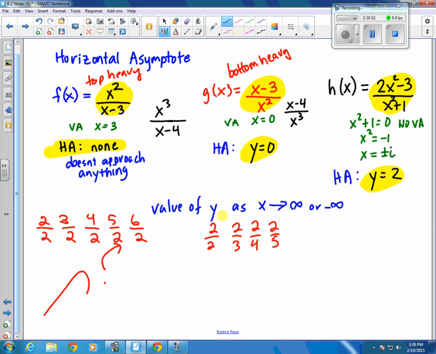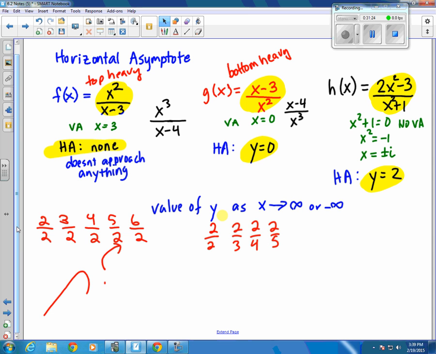Now, look at this one. If I put really big numbers for x in here, the top is bigger, right? But only by how much? So, as a side note, if I had $1 million charged to my credit card, and I decided I just had to have that Snickers bar, and I charged the Snickers bar, is that going to make a huge difference when I already have $1 million?